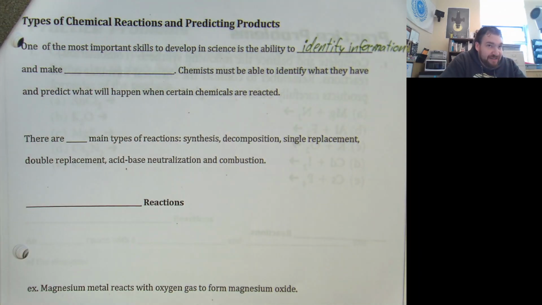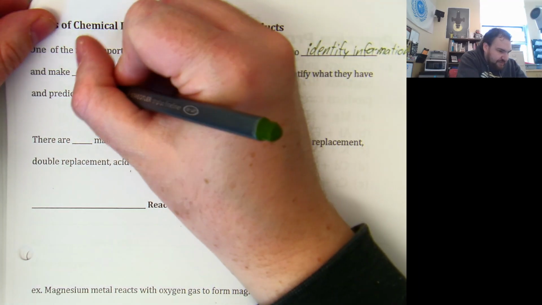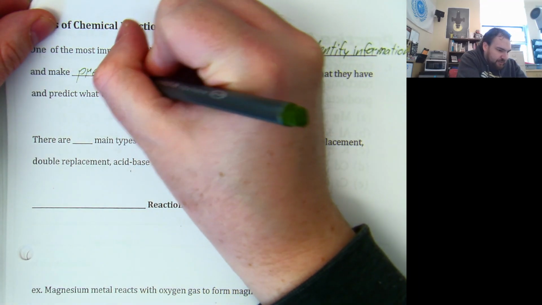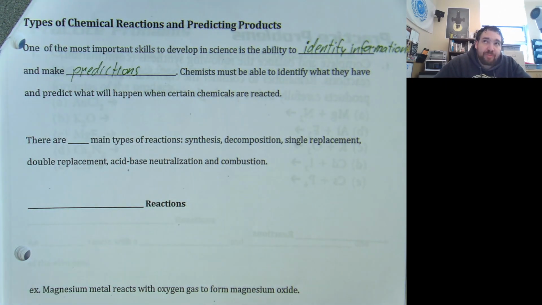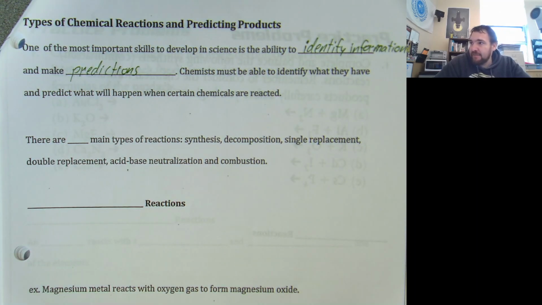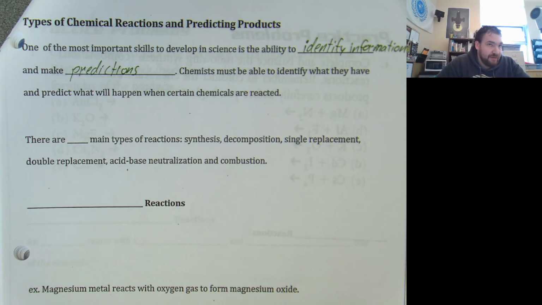What am I trying to tell you by providing you with a certain set of information? And make predictions based on that information. So much of life is identifying info and making predictions based on what you see. And if you can't do this, your life will be infinitely more difficult as a result.